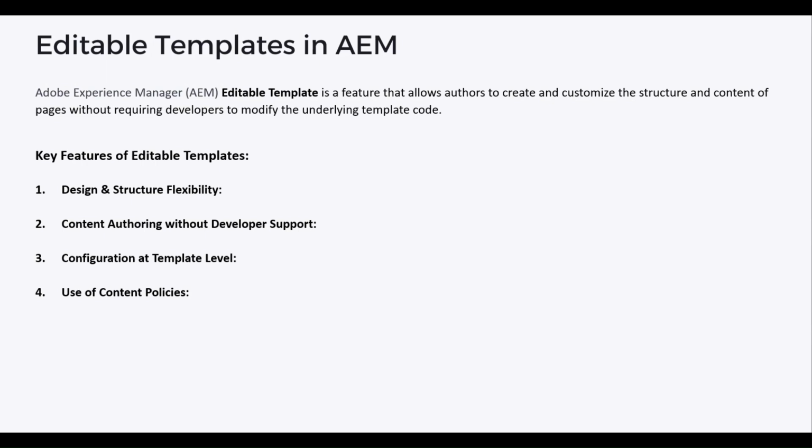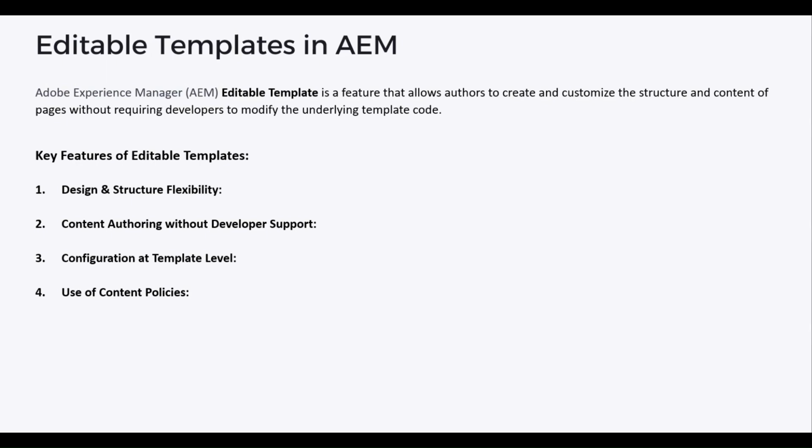The third one is configuration at the template level. We can do a couple of configurations at the template level itself. The first one: if you want to globally provide some style, we have page-related style as well as component-related style, and both can be provided within the template level.